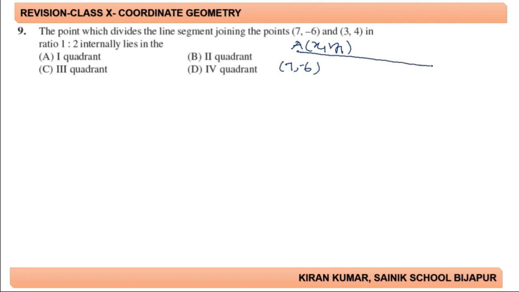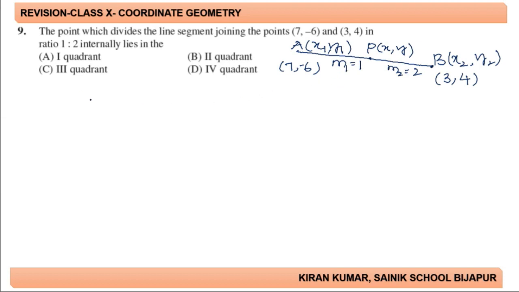Let me consider one more point B, which is (x2, y2) having the coordinates (3, 4). Let there be a point P (x, y) which divides this in the ratio m1:m2, that is 1:2.